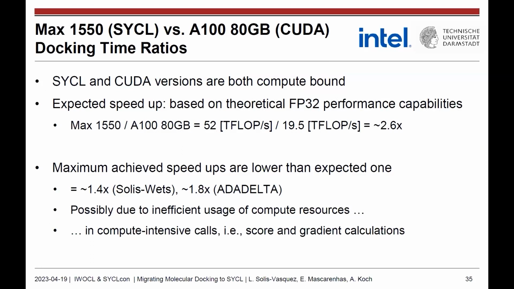Both versions, SYCL and CUDA, are compute bound. However, the expected speedup, if we consider the theoretical performance capabilities of these two devices, is 2.6. In reality, we achieve lower speedups, and we think this is possibly due to an inefficient usage of compute resources, especially on the calls that calculate score and gradients, which are the intensive ones.